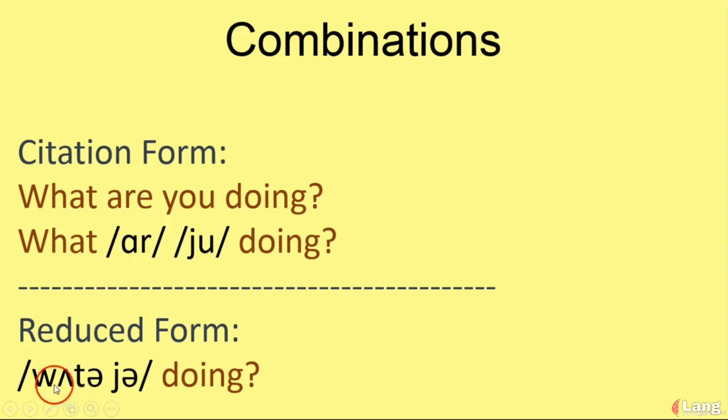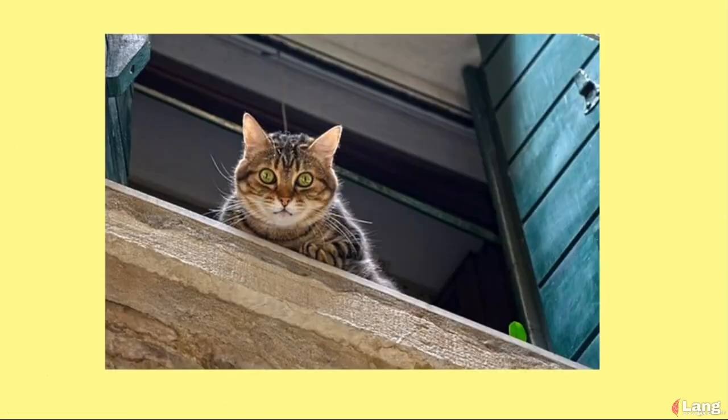What are becomes whata, whata. You becomes ya, ya. And together, what are you doing? Okay, repeat. What are you doing? And notice that the T is often pronounced like a D also. It's a soft T. What are you doing?